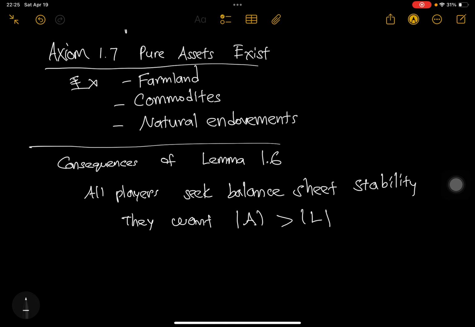So in order to prevent that collapse of confidence, all players will want to seek this balance sheet stability. They want to maintain positive equity, and they want to make sure that their creditors do not pull out. So that's the conclusion from this part of the video.